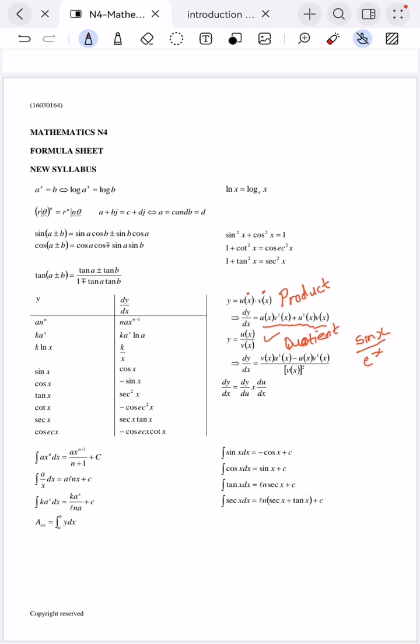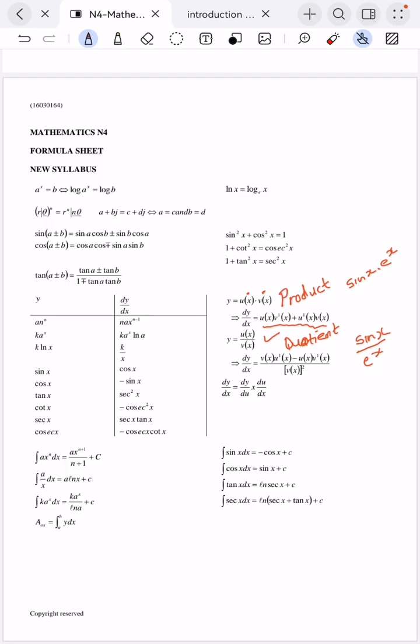Like if I had sine x over cos x, I can just make that a tan, right? So this is what I'm talking about. Even for the product rule, let's say I have sine x times e^x. It's two different functions. That's a product. But again, they will tell you to differentiate this using a product rule or a quotient rule.